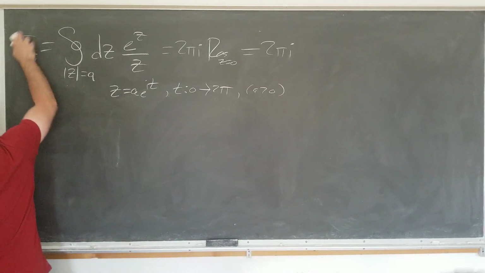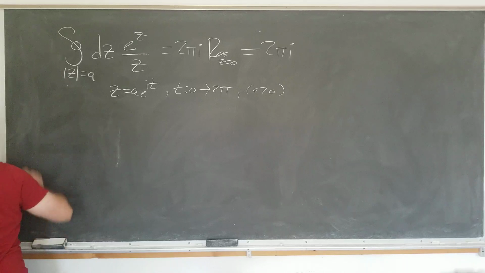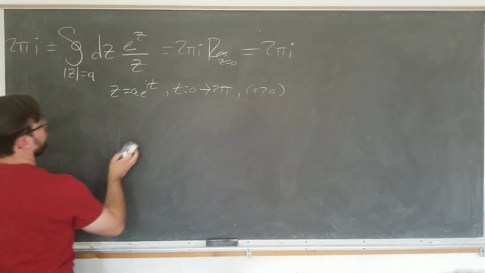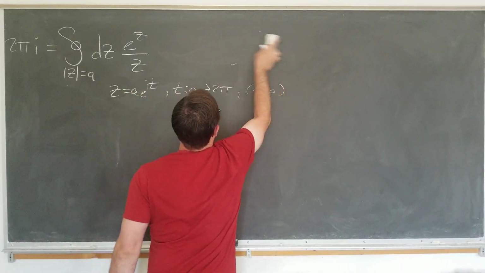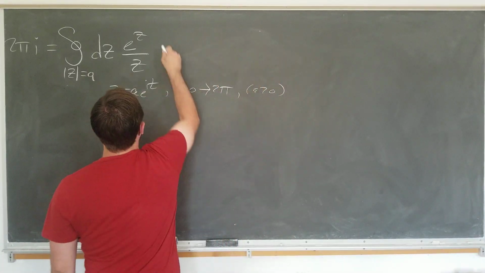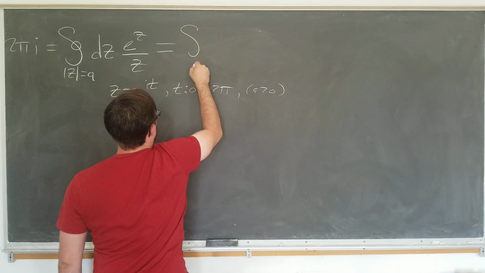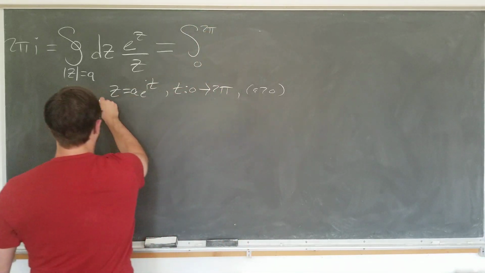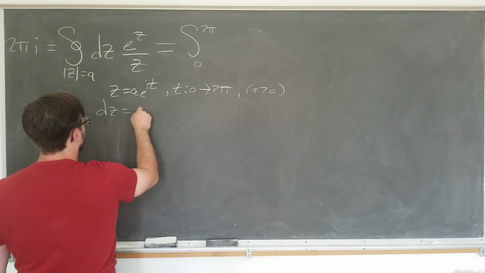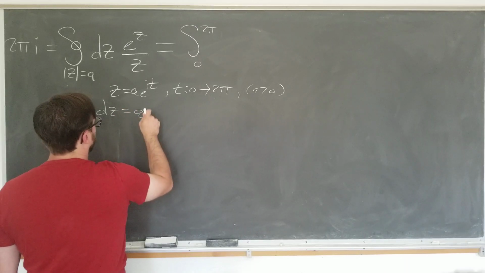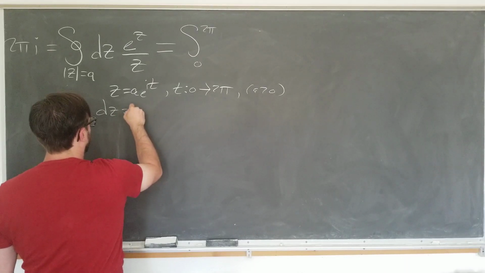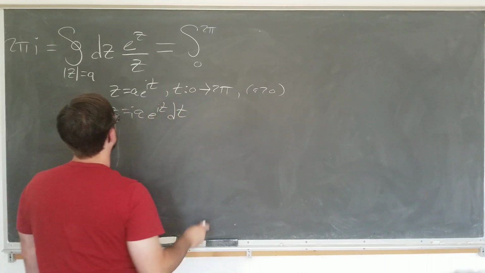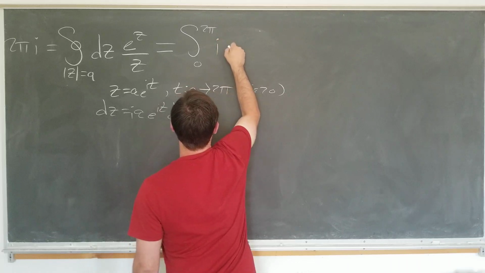We now know that 2 pi i is equal to this integral here, and we now let the bounds go from 0 to 2 pi. We need to differentiate dz here, which is pretty straightforward. It becomes i a e to the i t dt for our dz.